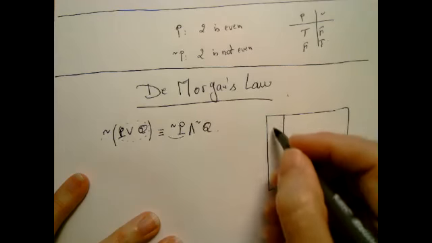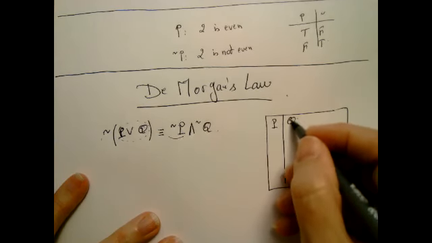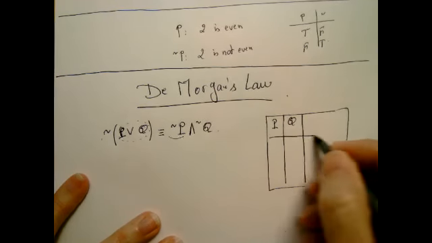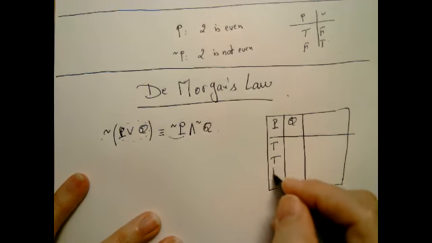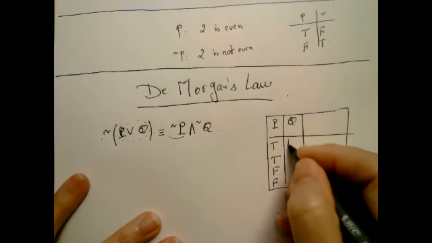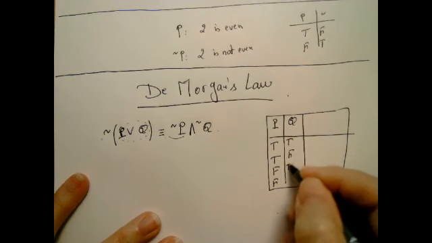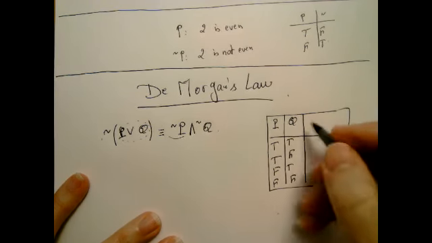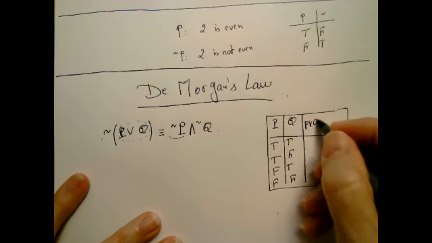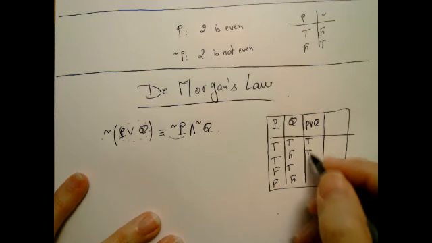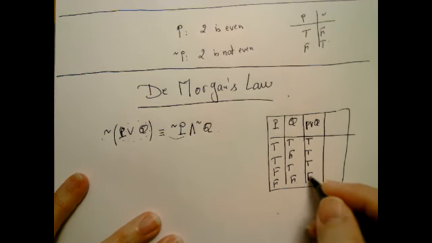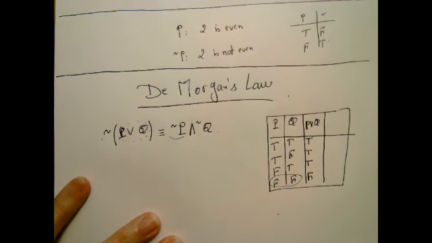So let us see if what I'm telling you is correct. This is my P, this is my Q. P can take two values, and this will take true, false, true, false. Now P or Q is true, true, true, and false in only one case. That's where it is false.